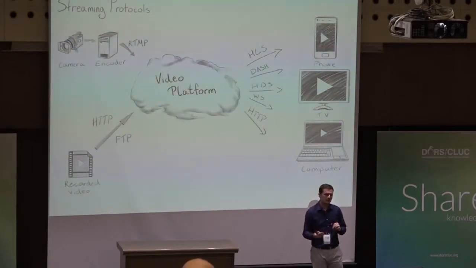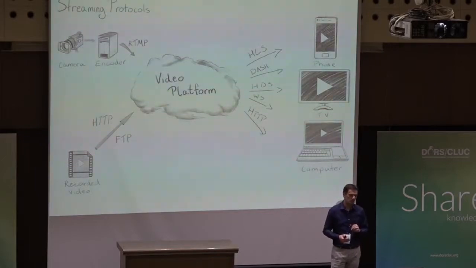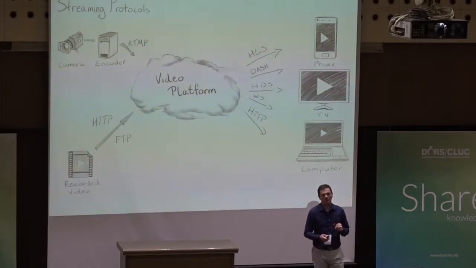So it's getting some traction in this use case as well. And we can also always use plain old HTTP. So with HTTP progressive download, the client, as it connects and starts receiving the file, can immediately start showing it to the viewer. But with plain old HTTP, we cannot do seeking to the part of the file that hasn't been downloaded yet. We cannot do live streams, so it's not very popular.